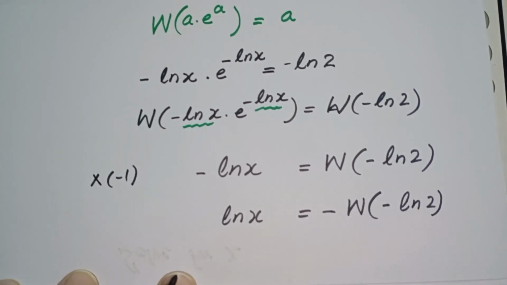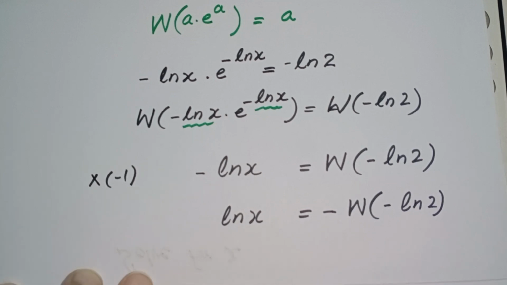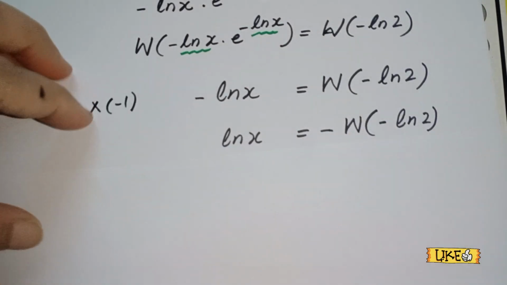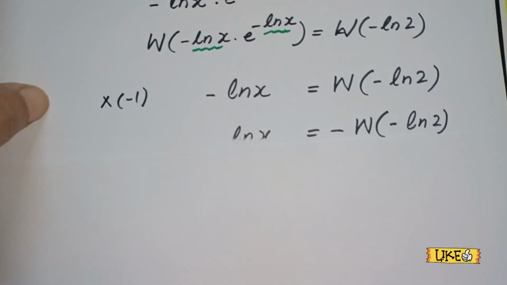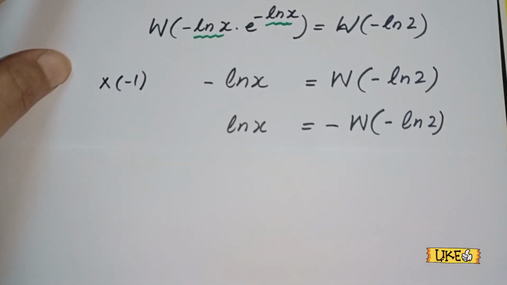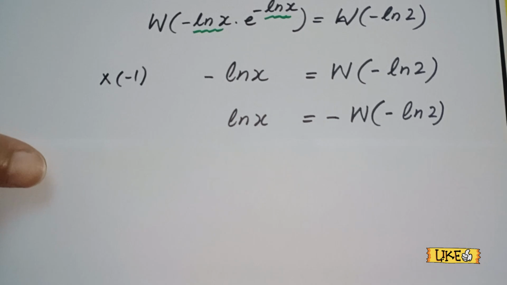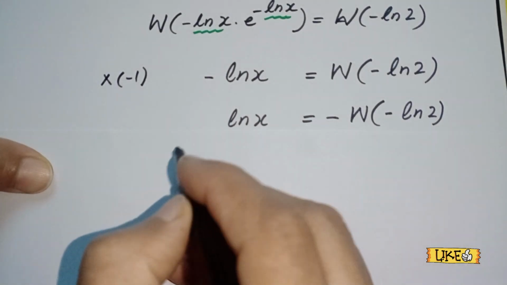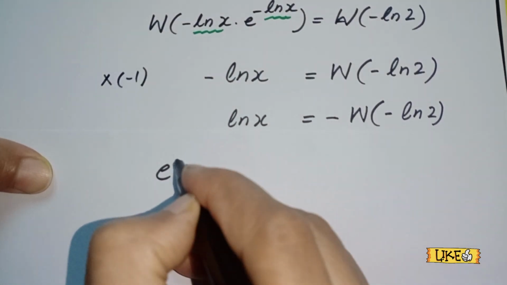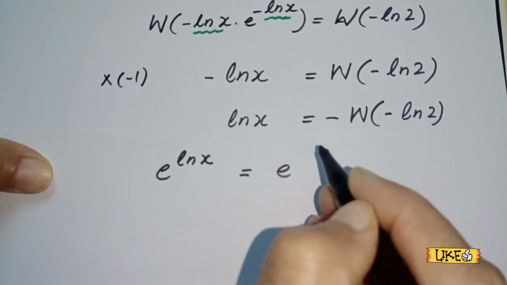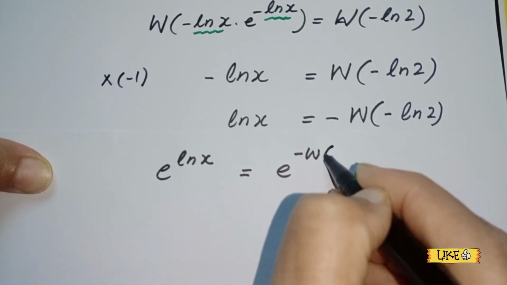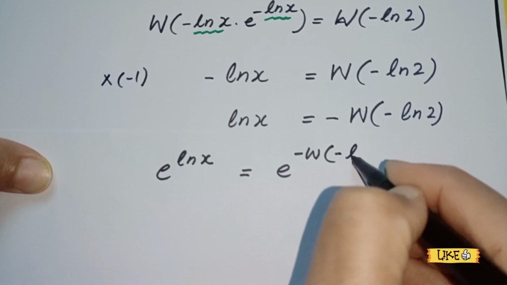In our next step, we can take base e. We will write base e to the power natural log x is equal to e to the power minus Lambert W function of minus natural log 2.